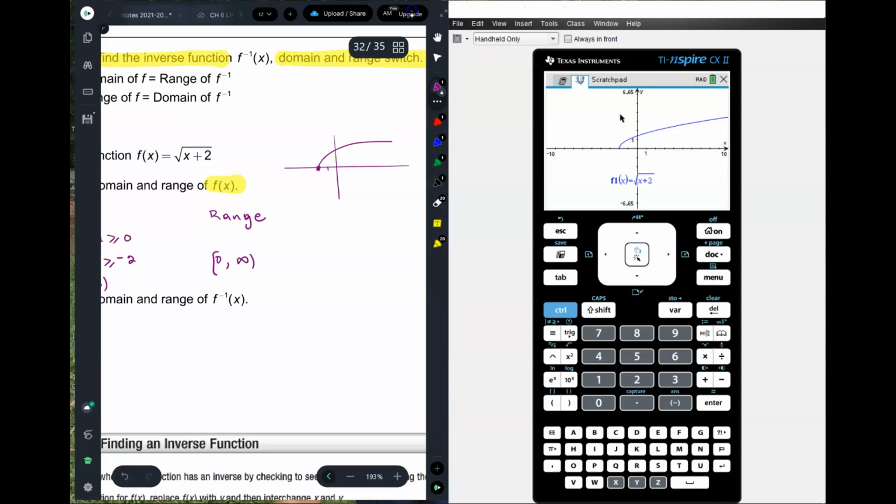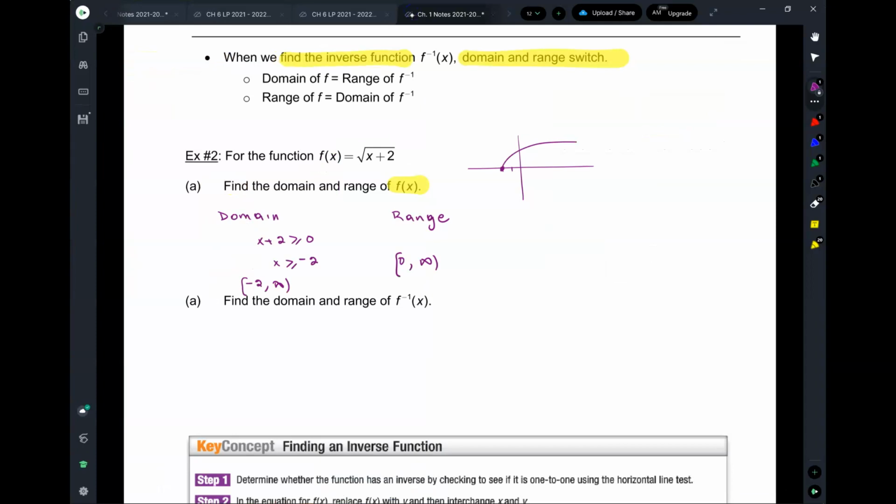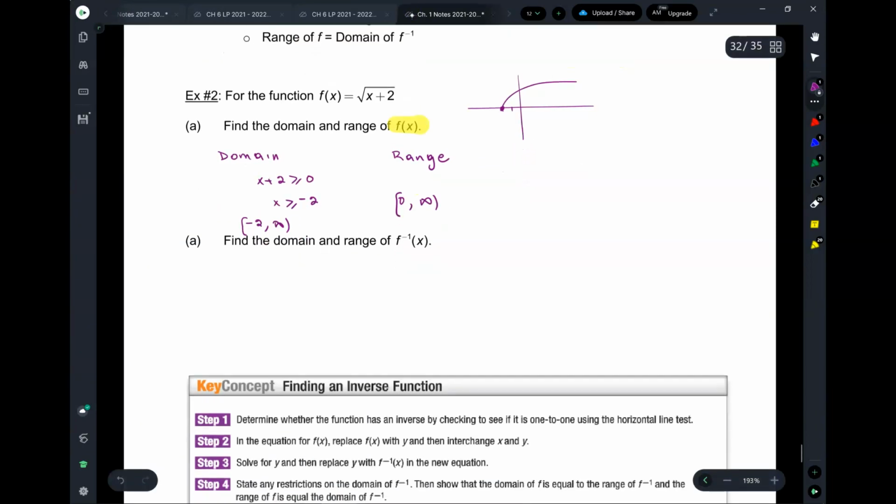So here, there is nothing new. It's the same as what we've been doing before, yeah? Now, I want to find the domain and range of f inverse of x. It's just opposite. So this, which was the domain, will become the range. And this will become the domain. Okay?